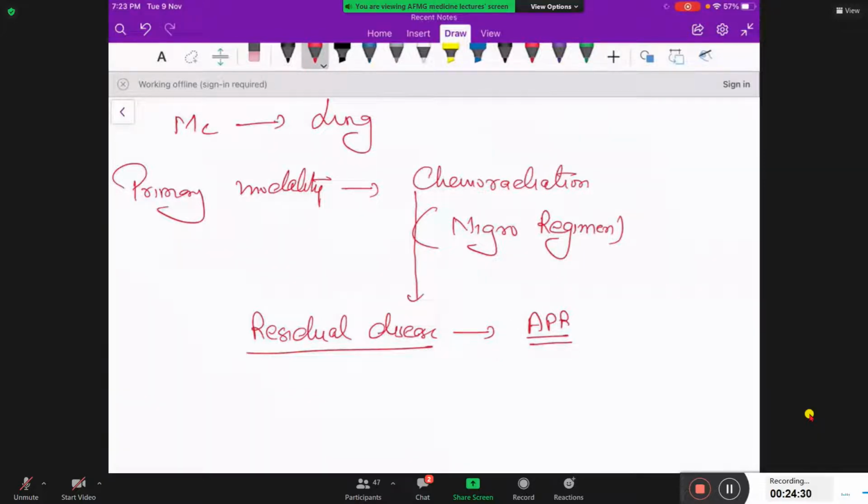On rectal examination, you found a mass coming out of the anus. The biopsy was taken. On biopsy, it was adenocarcinoma. What is the treatment of choice?